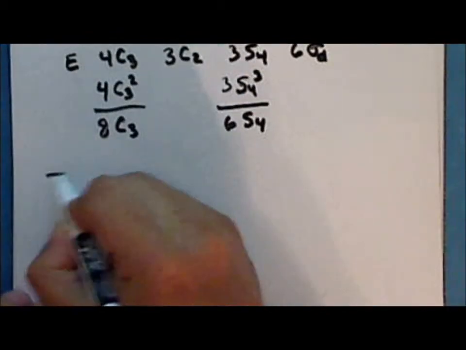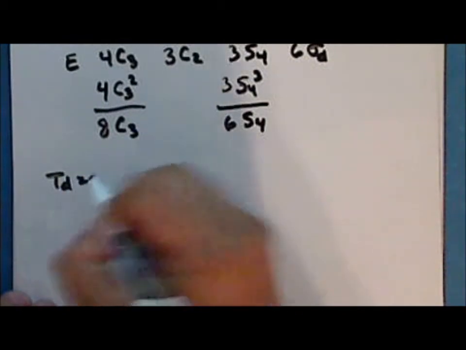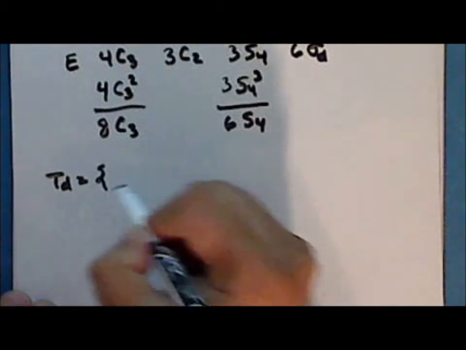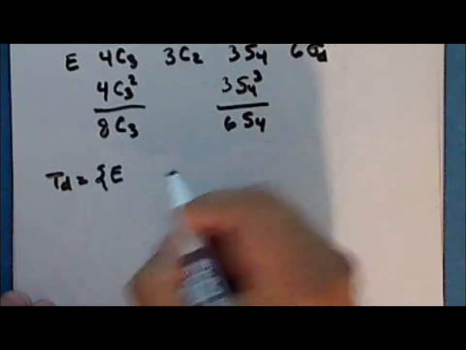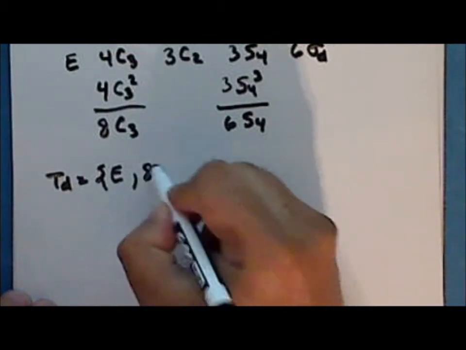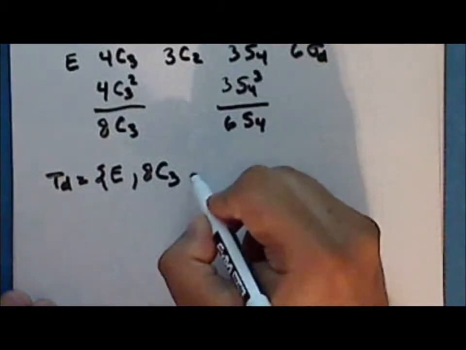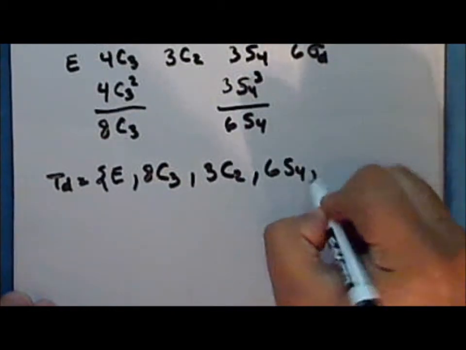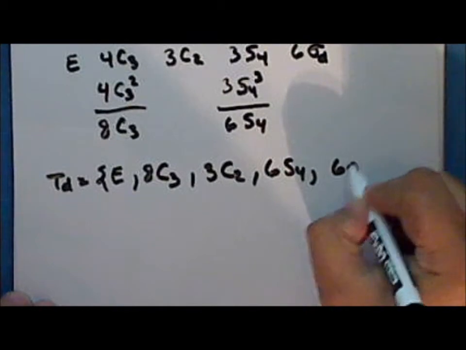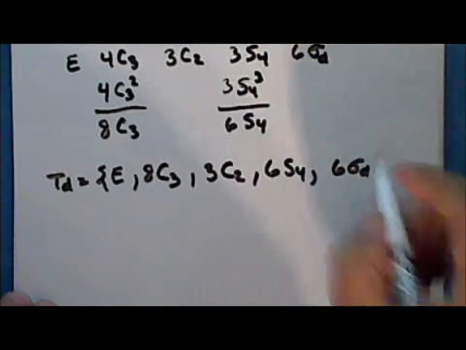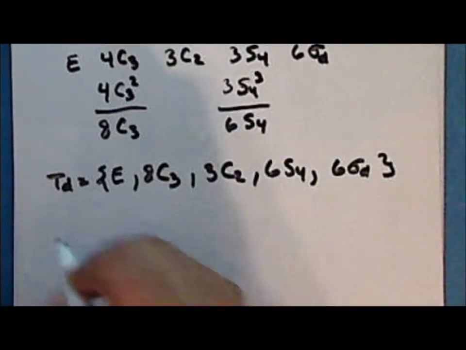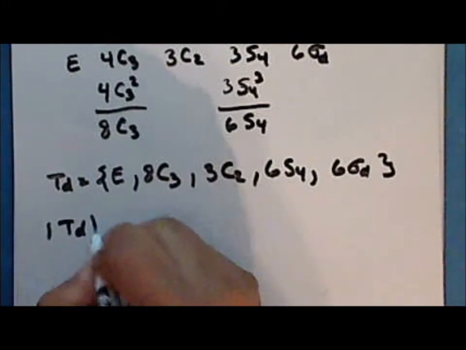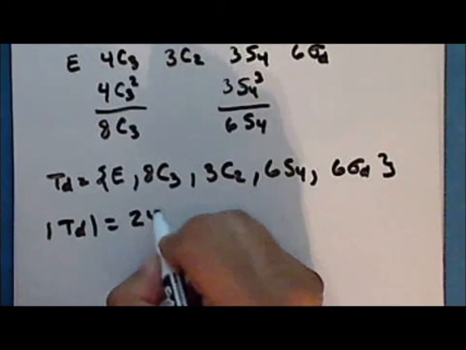And so the group is generally indicated this way. It is the group which has the identity operation, 8 C3 operations, 3 C2 operations, 6 S4 operations, and 6 dihedral plane operations, so that the total order of the group is 24.